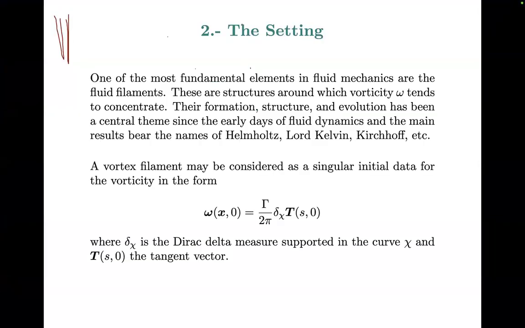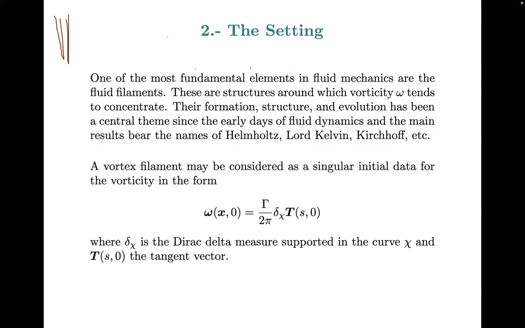Okay, let's go back. So then mathematically, you describe the evolution by saying that the vorticity at time 0 is a delta measure, and the support of this measure is what you see there. Bold face means vectors, and simple face means otherwise it is a scalar. So you have there omega of x at 0, where the position is x, omega is the vorticity, and 0 means the time. And what I am saying is that the vorticity is a delta along a curve chi, pointing in the direction of the tangent vector.